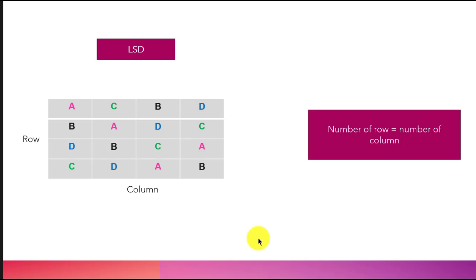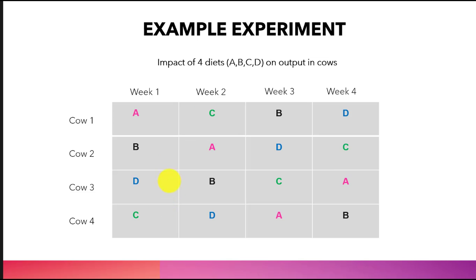The interesting thing with LSD is that the number of rows should always be equal to the number of columns. Because there are four treatments, each row should have all the treatments and each column should have all the treatments, so you need to have rows equal to columns, otherwise you can't make an LSD. An example experiment would be the impact of 4 diets on the output of cows.